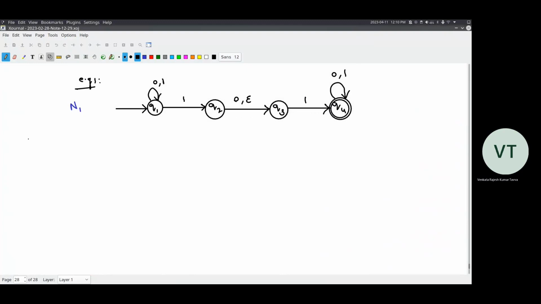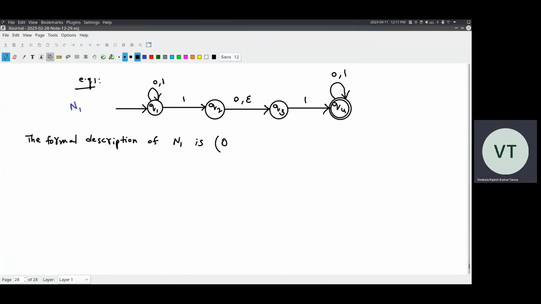The formal description of N1 is the 5-tuple Q, sigma, delta, q naught and F, where what is Q here in this example?